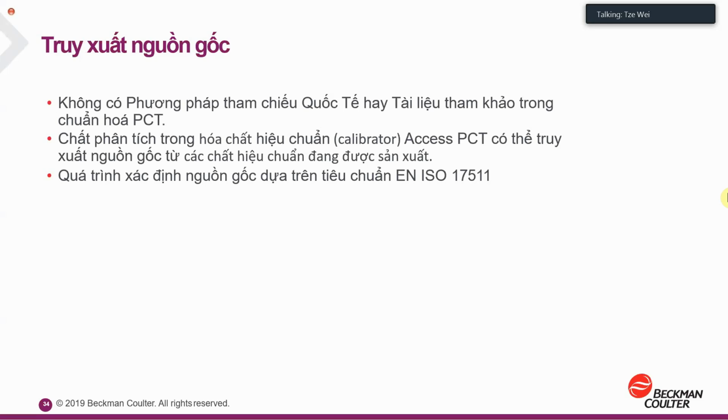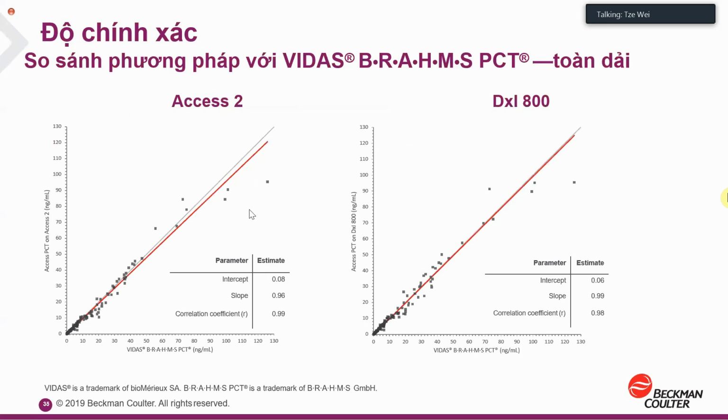However, we are also very aware that many laboratories are also using the BRAHMS PCT assay. So we have done a lot of work to look at concordance and correlation with the BRAHMS assay, because that was one of the first, if not the first, to actually develop PCT on an automated assay platform. So in the subsequent slides, I will share with you some information on our assay's correlation and concordance to BRAHMS.